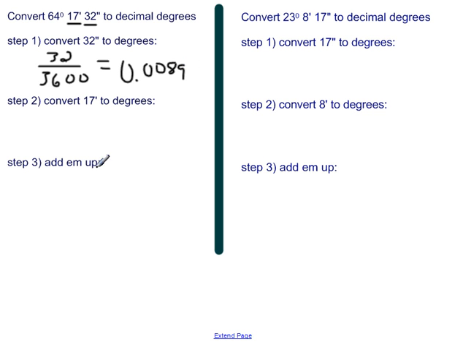Now we have to convert the 17 minutes back to hours or degrees, so that's 60 minutes in an hour. So we take 17 divided by 60, and you get 0.2833. Now we add those together.